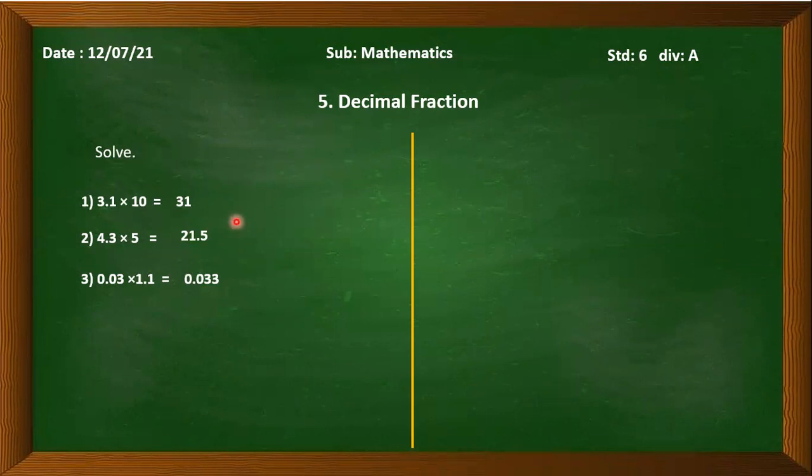No, ma'am. Okay. Have you used decimal fractions anywhere in your sums or in your daily life? Anyone can give examples? Have you seen this kind of number like 21.5, 31.0, or 3.1 or 4.3 anywhere?